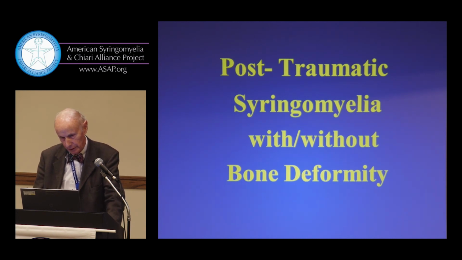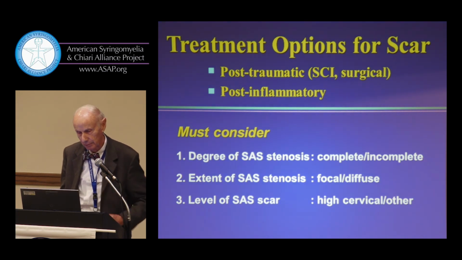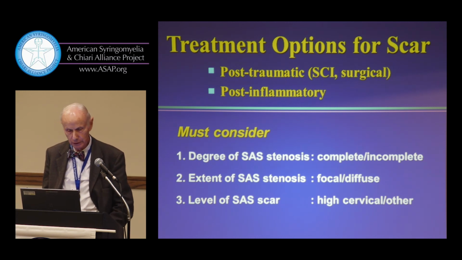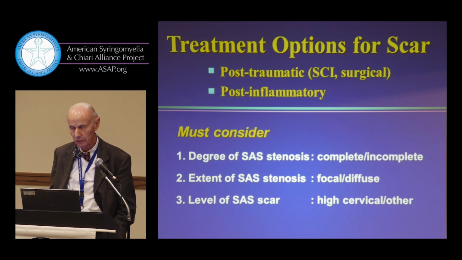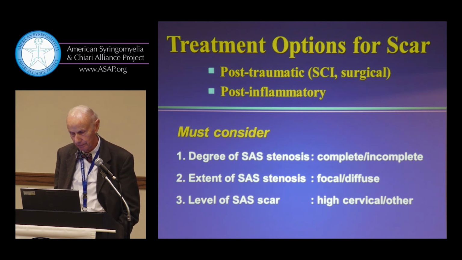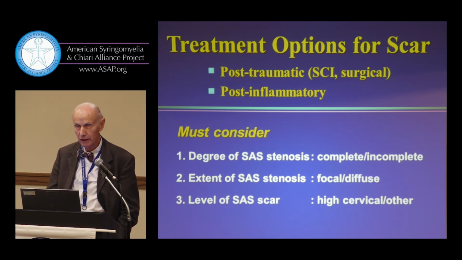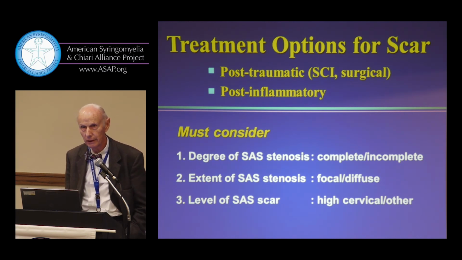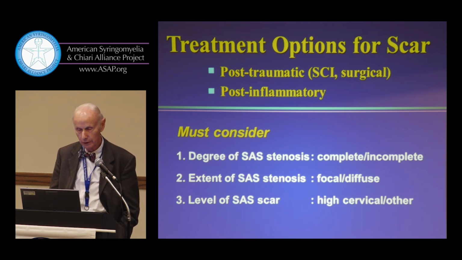Post-traumatic syringomyelia may occur with or without bone deformity. And in assessing these people, it is very important to establish whether the subarachnoid stenosis is complete or incomplete, whether it extends over a wide area, in other words, many vertebral segments, or is limited to just one area of one vertebral segment, for example.